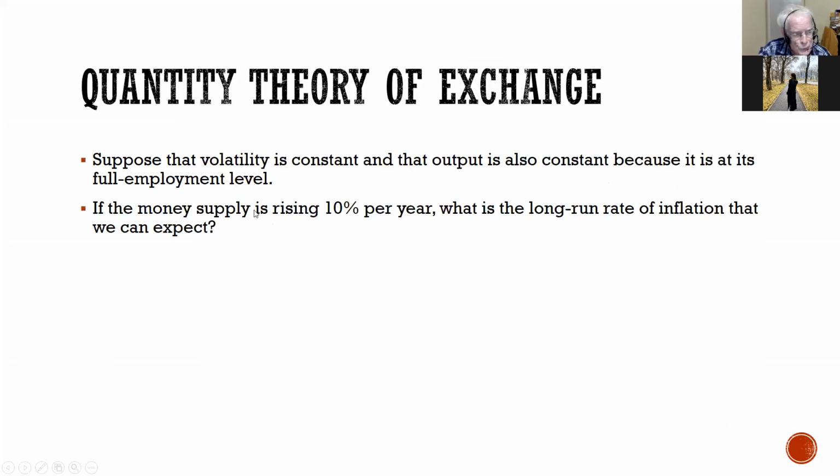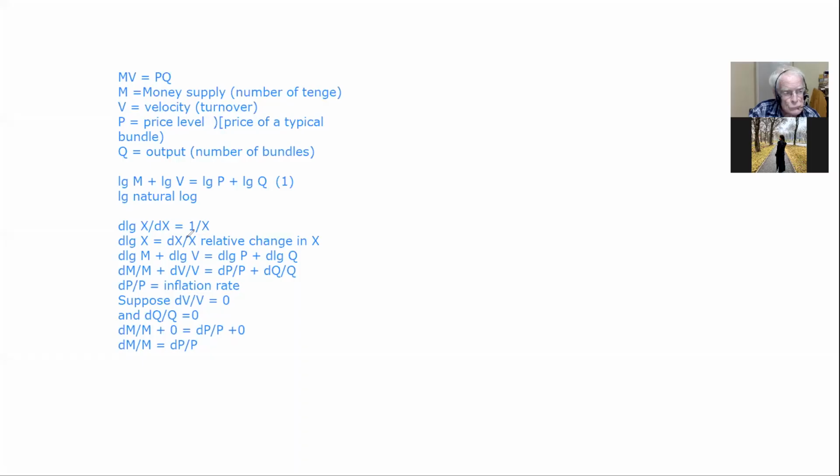So if the money supply is rising 10% per year, what happens to inflation? Remembering that we had assumed that velocity is constant and output is constant as well. So there is a direct relationship between money and prices.